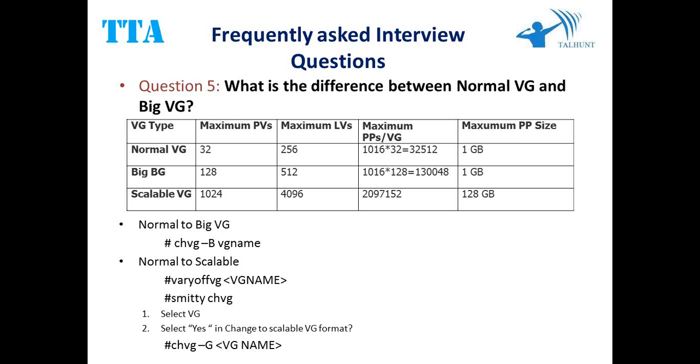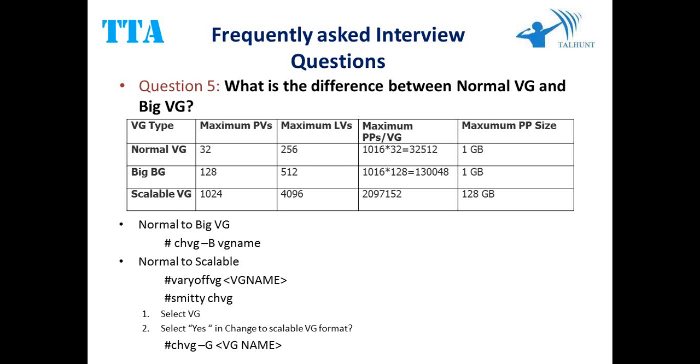If they ask how you will change from normal to scalable VG, this could be a tricky question. Rather than asking how to change to big, they might ask about scalable, since there are a few steps involved. The first step is to vary off the VG, so obviously you need downtime. Go to the VG's properties using smitty chvg, and select yes so that you can change to the scalable VG format.